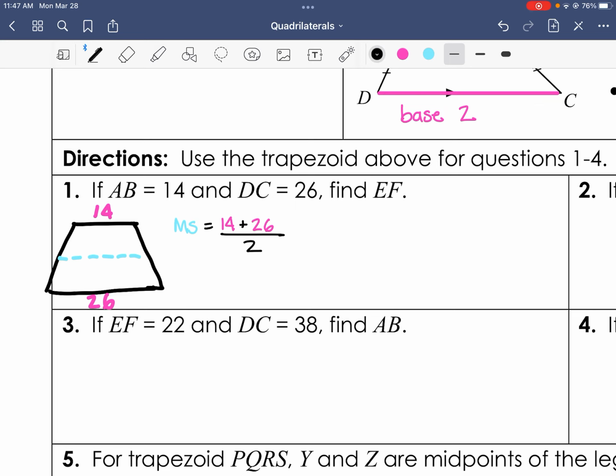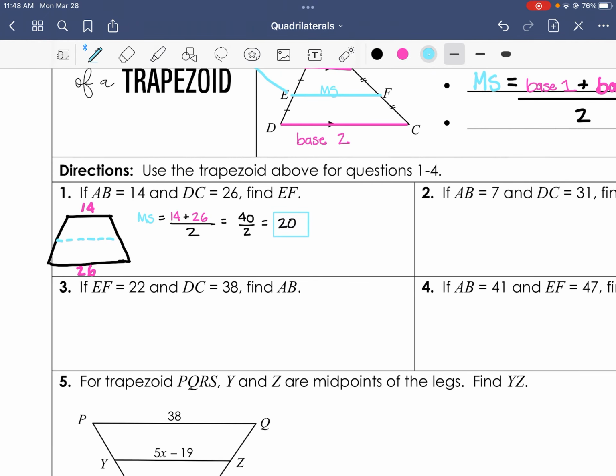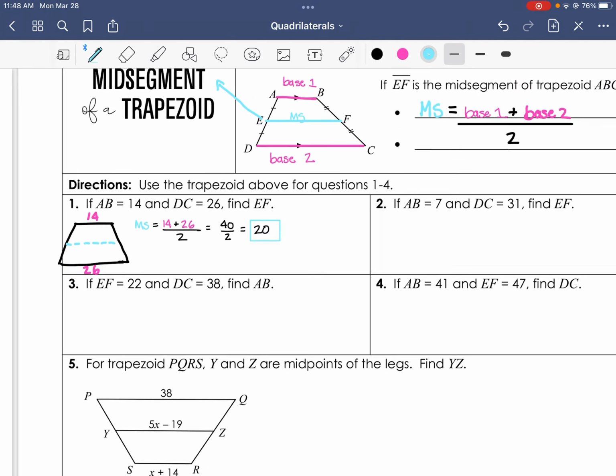That is the formula, you guys. So 14 plus 26 is 40, I believe. I'm not using a calculator. And if I divide this by 2, 40 divided by 2 is 20. So my mid-segment is 20. And that's it. That's how you plug and chug the formula, okay?